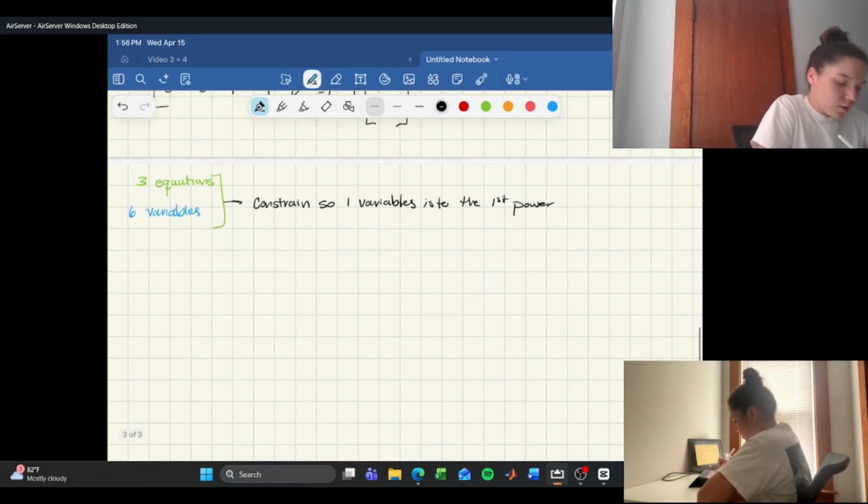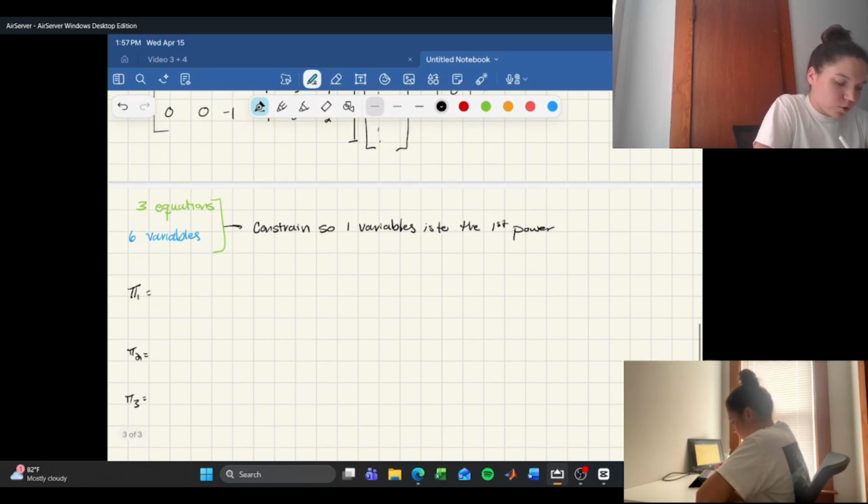So we have 3 equations. This is going to be pi 1, pi 2, and pi 3. And we have 3 equations, so we want to constrain 3 of the variables.